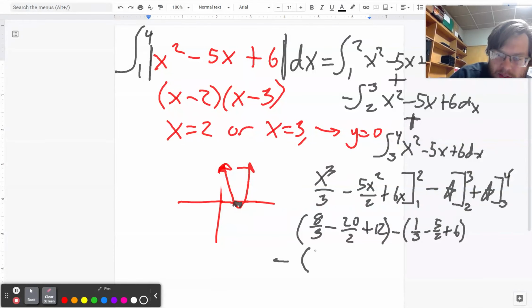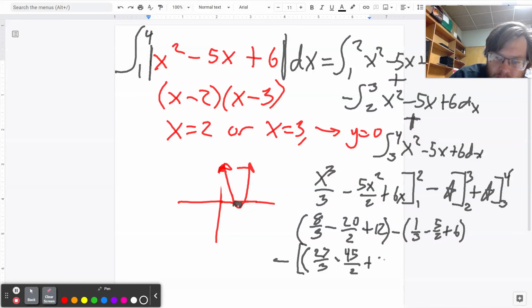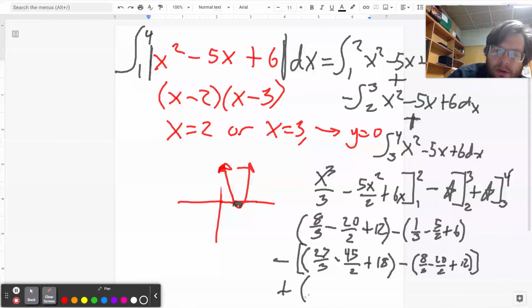So f of 3 is going to be 27 over 3. I'm going to grab this all in brackets. 27 over 3 minus 45 over 2 plus 18, minus f of 2. But I already figured out f of 2: 8 thirds minus 20 halves plus 12. And then plus f of 4.